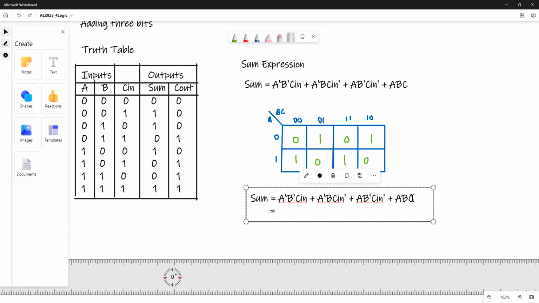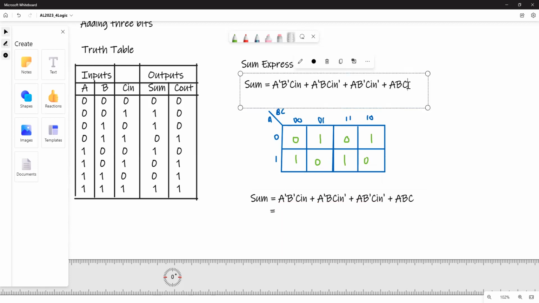One thing is missing here. It should be C in. Sorry.